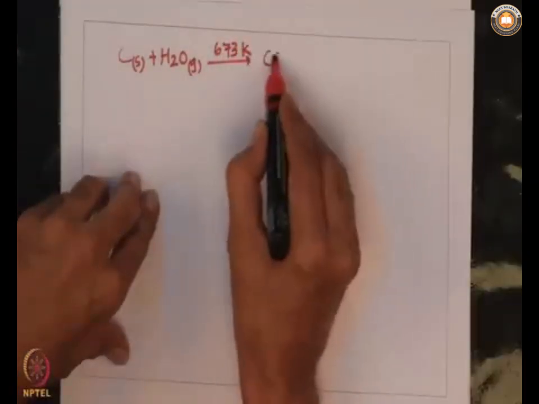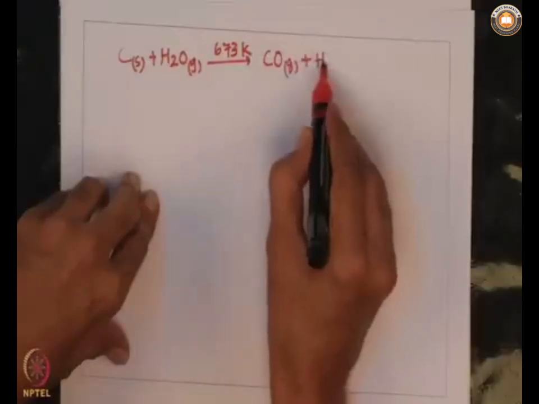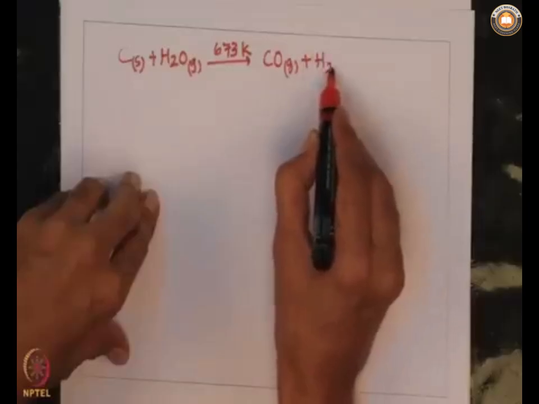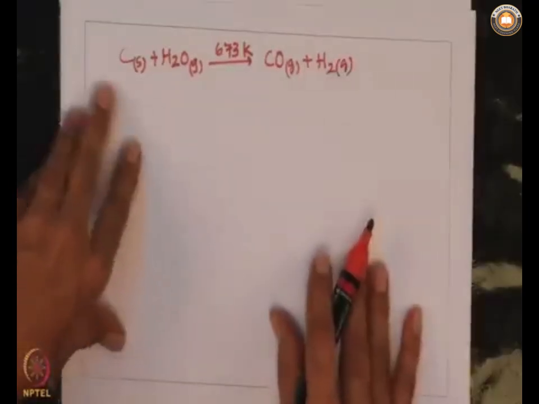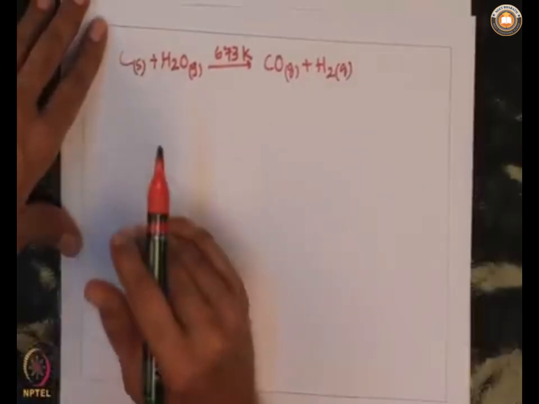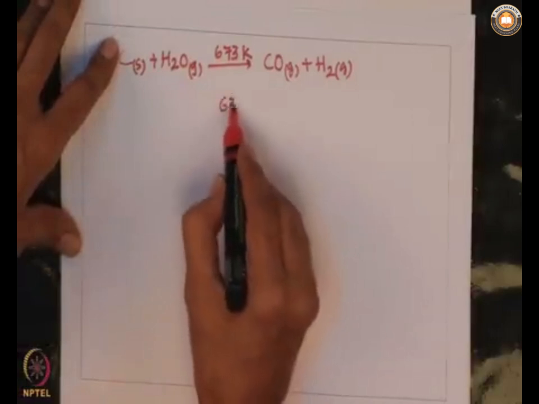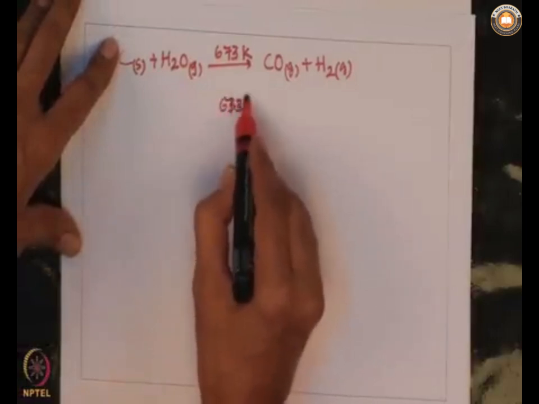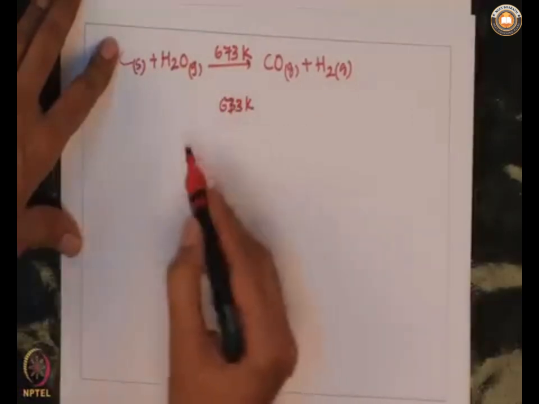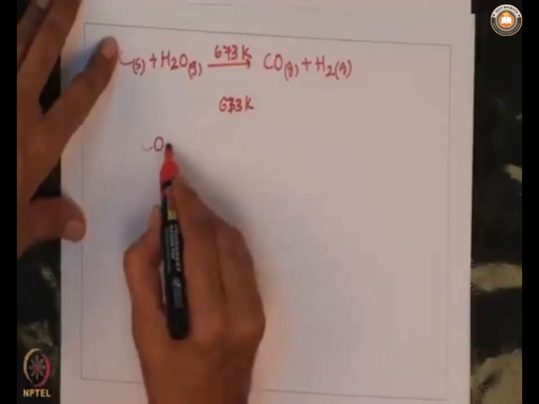That leads to the formation of CO plus H2, again synthesis gas or syngas. And the syngas mixture, when it is passed over iron chromate at 670 Kelvin, leads to the formation of CO2 and hydrogen.